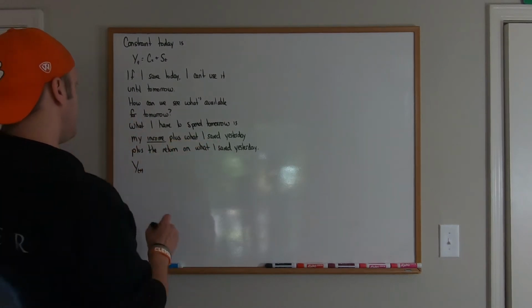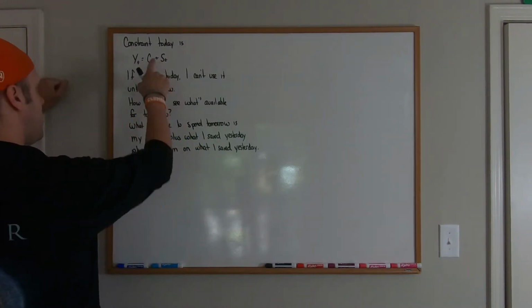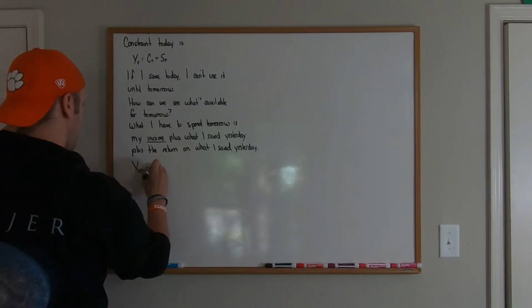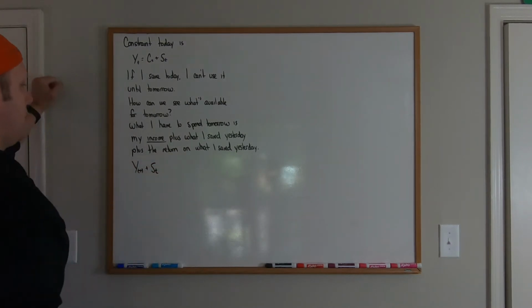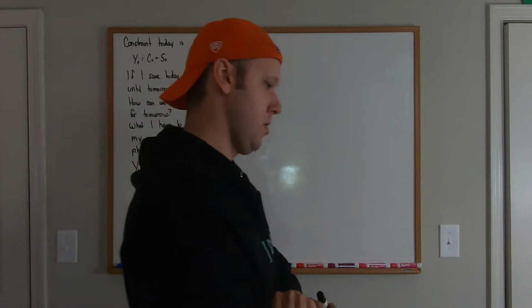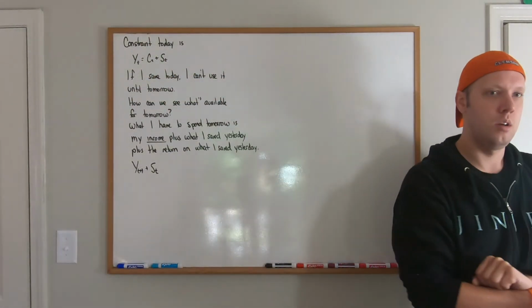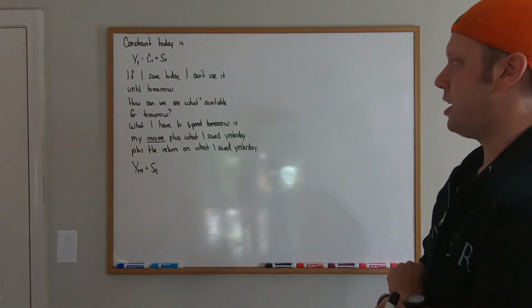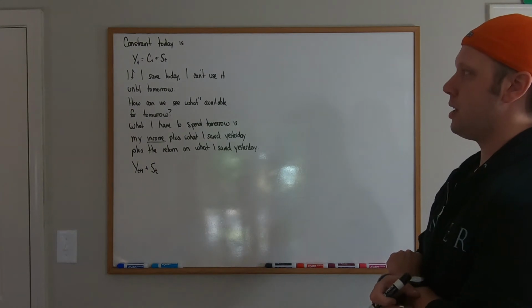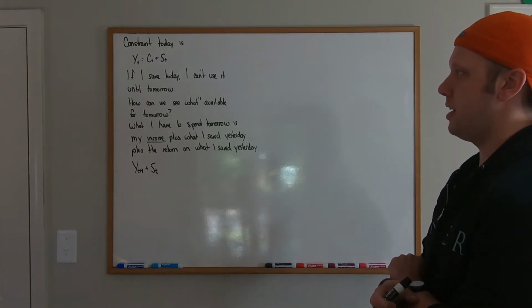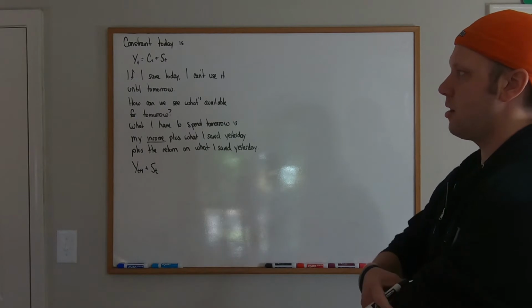Plus what I saved yesterday. So what did I save yesterday? Well, I saved s_t yesterday. That's what I saved. So I got my income, which we're treating as exogenous right now, plus what I saved, which is s, from yesterday.